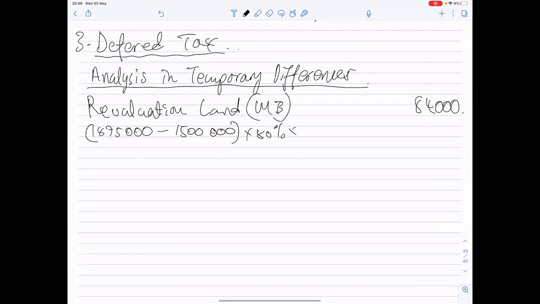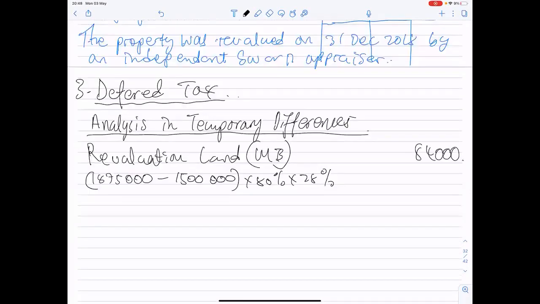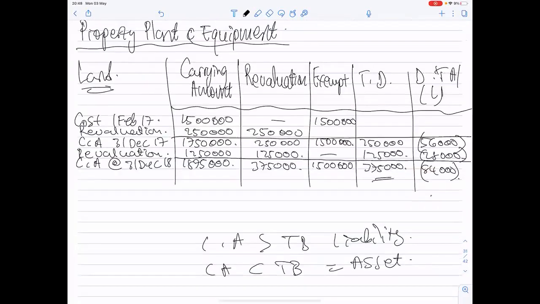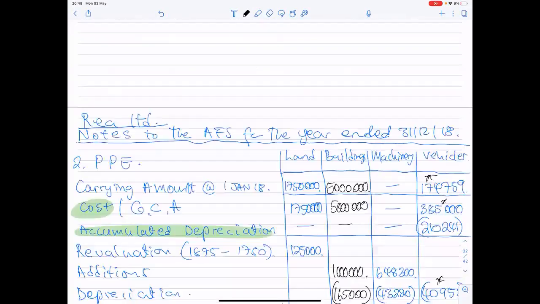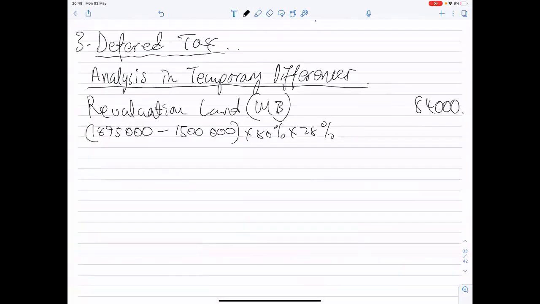So there's capital gains tax multiplied by 28% without the table. But sometimes they might need you to show it using the SFP approach. So 1,875 minus 1.5, you get that 375 that we have here, multiplied by 0.8 by 0.28, you get your 84,000.